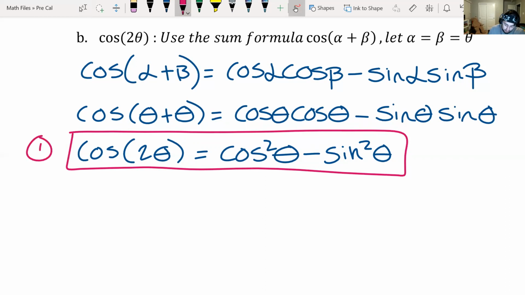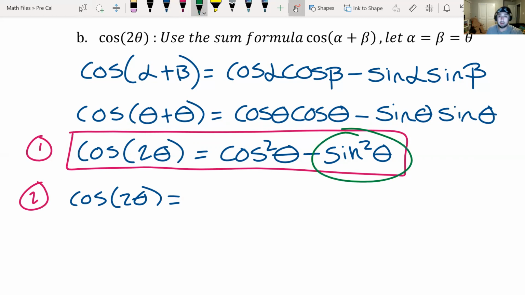Now, if we want to make number 2, I will take cosine 2 theta equal to, and what I'm going to do next is change sine squared. We already know an identity for sine squared. Sine squared is the same as 1 minus cosine squared theta.